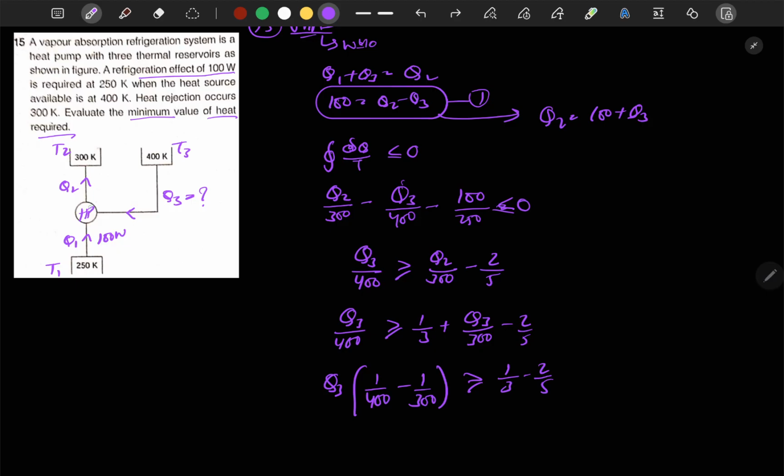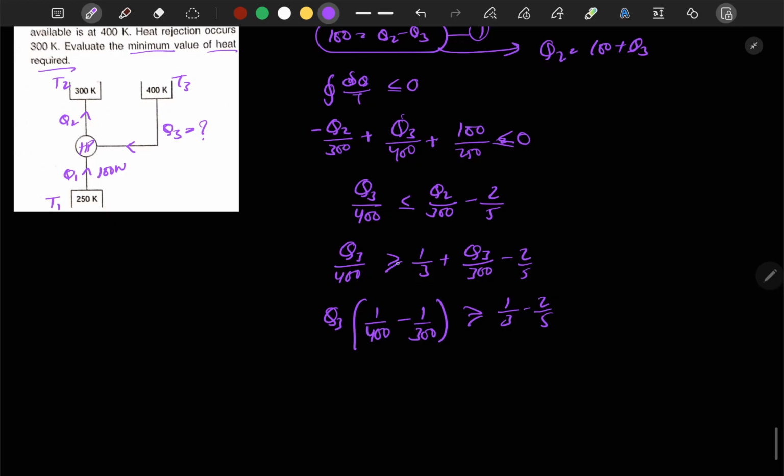Sorry, here we can see for the heat pump, with respect to this, Q1 is receiving and Q2 is rejecting, so this should be negative, positive, positive. I hope you can correct this. So you can write Q3 by 400 is less than or equal to Q2 by 300 minus 2 by 5, and here it will again be a less than or equal to sign.